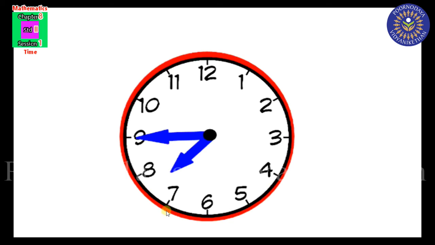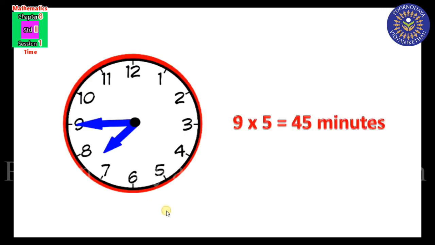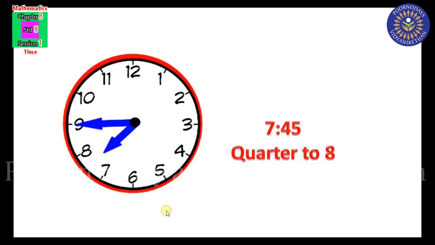Listen here. Tell me the time. Yes. Here the hour hand has just passed 7, isn't it? And the minute hand is at 9. 9 into 5 means 45. So 45 minutes. 7:45.